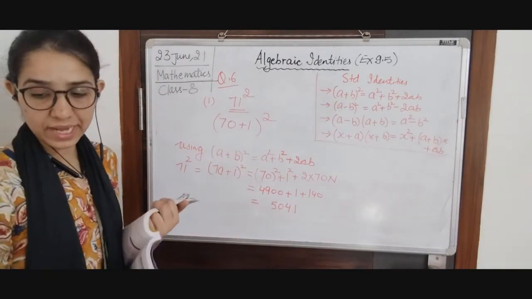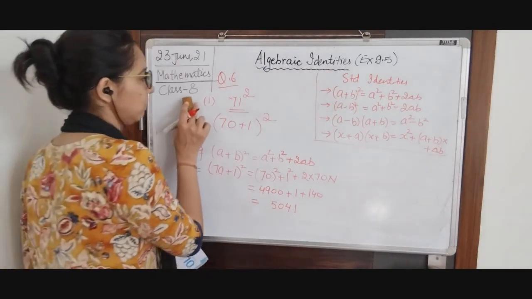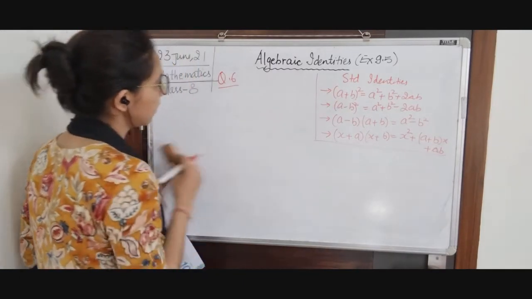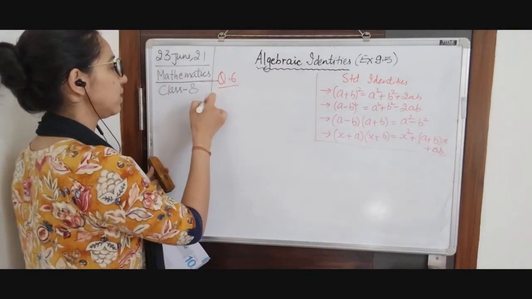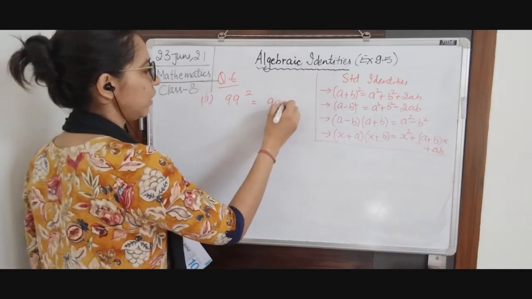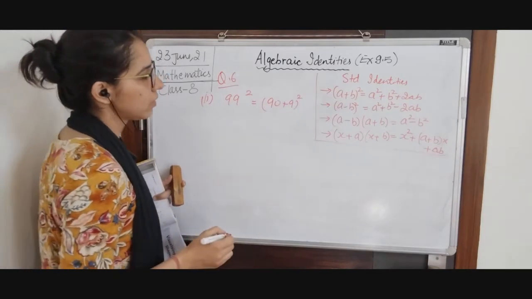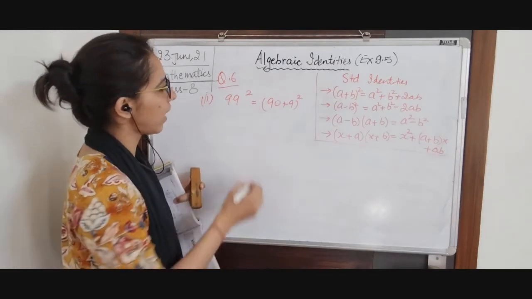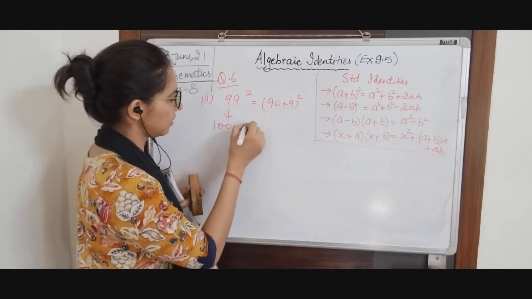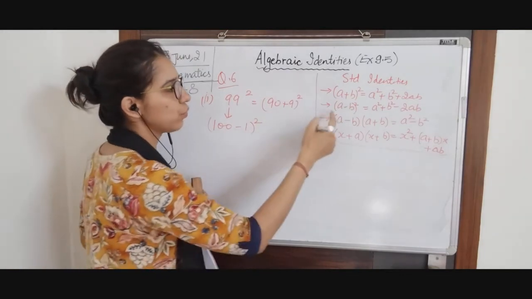Next is 99 square. Can we write 99 as 90 plus 9? We can write it as 90 plus 9, but that won't be a smart choice. Why? Because instead of writing it like this, we can write it as 100 minus 1, and we can use this formula.